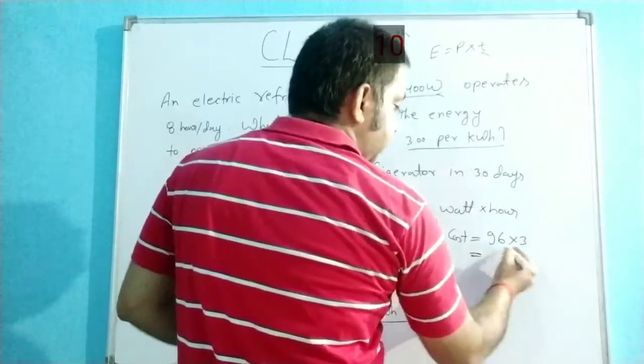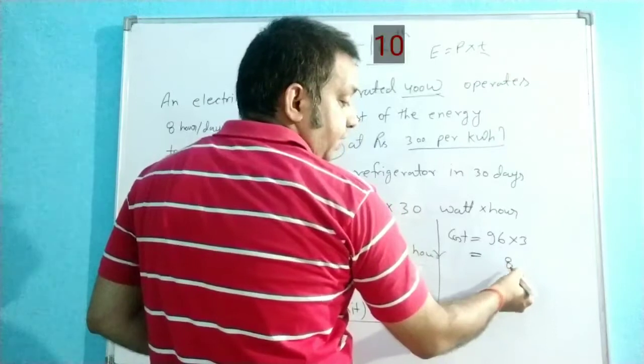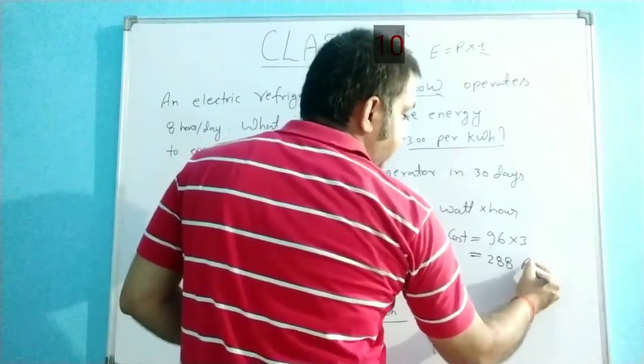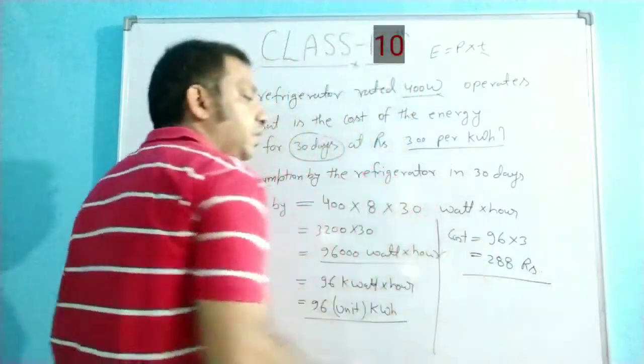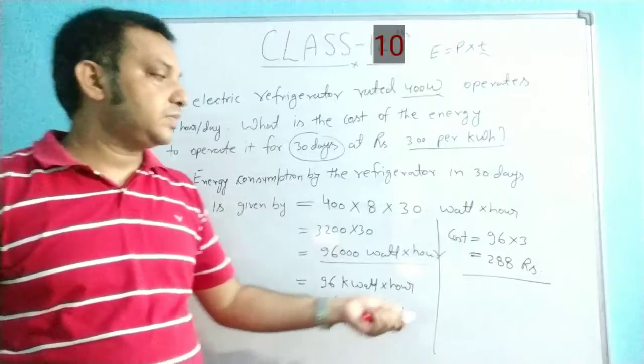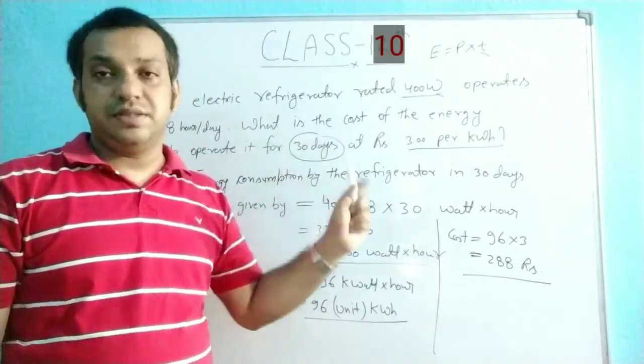After multiplication, 3 sixes are 18, 8, 28, so 288 rupees is the cost of the energy consumed by the refrigerator in 30 days.